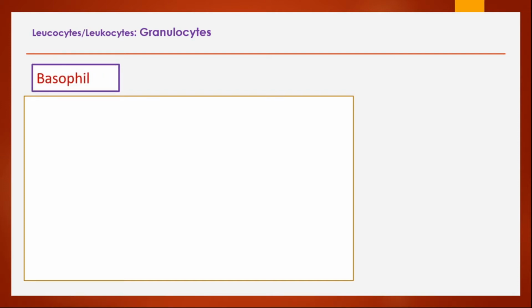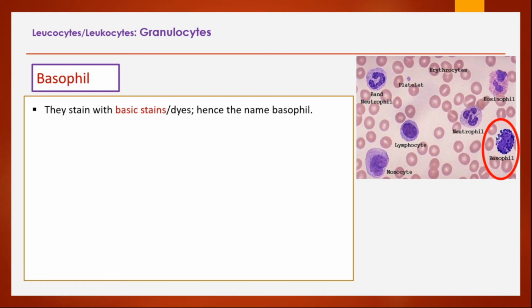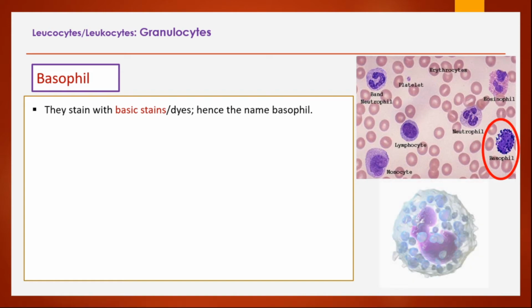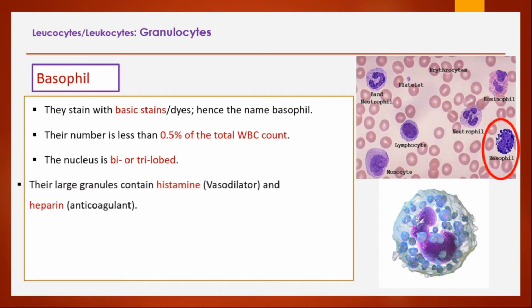The third granulocyte is basophil. They are stained with the basic stain, hence the name basophil. Their number is less than 0.5% of the total WBC. They are the WBC with the least number. Their nucleus is bilobed or trilobed.